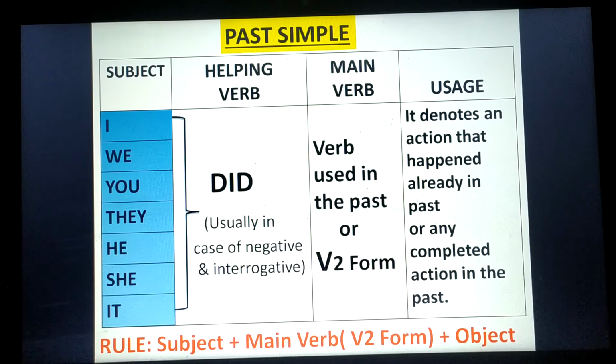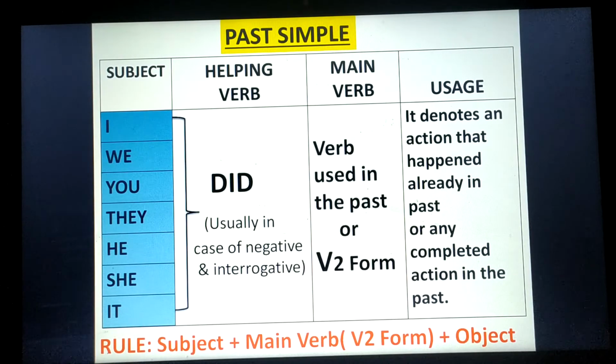We use it to show the action that happened already in the past, or any completed action of the past, means that action has been completed in the past, right? It's not like that it's still going on. Means any action that happened already in the past and has already completed in the past.